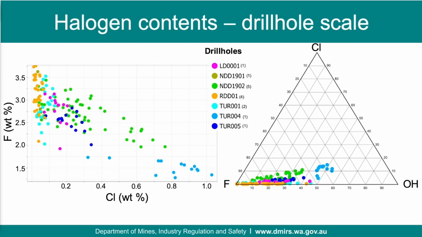On a drill hole scale, these are each of the drill holes. Each of these colors represents a drill hole within the West Arunta region, including the blue series, which is the Top-up Rise holes, in the Lasseter Shear Zone in the far west side of the area. And you can see that most of the apatite compositions from each of the drill holes are actually quite fluorine-rich, so we have fluorapatites.